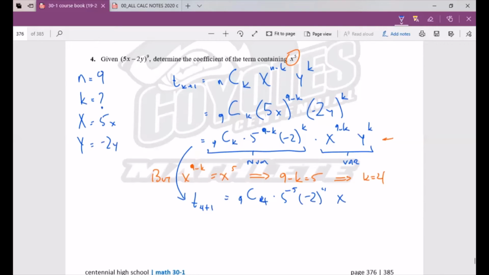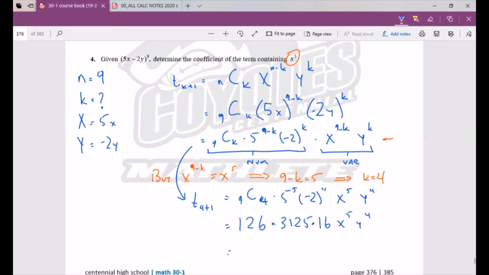Our variables are now x to the 9 minus 4, which is x to the 5, y to the 4. If I simplify this out, 9c4, you chuck that in your calculator, 126. 5 to the 5 is 3,125, and negative 2 to the 4 is 16. We're multiplying all these, x to the 5, y to the 4.